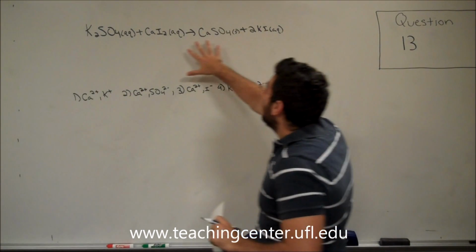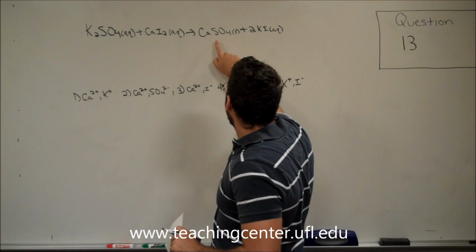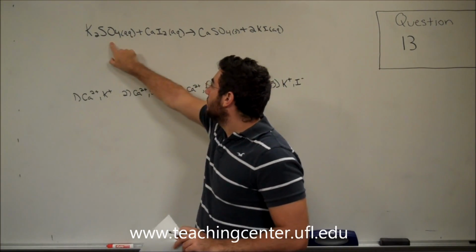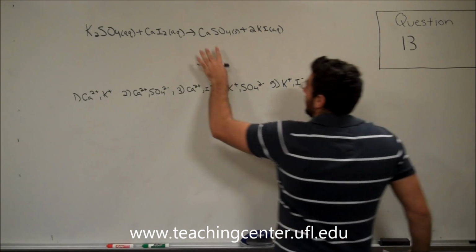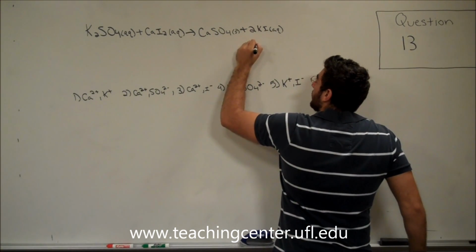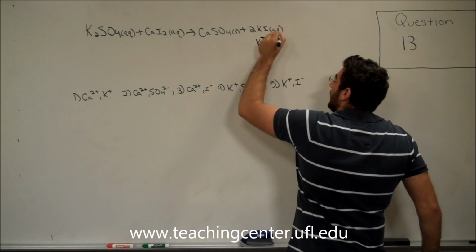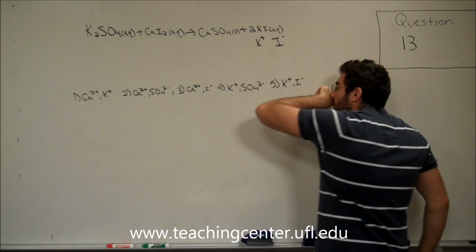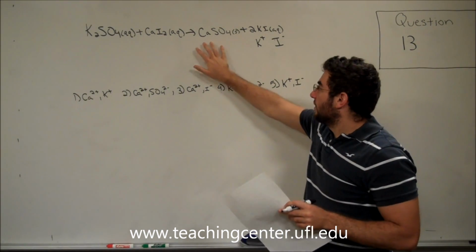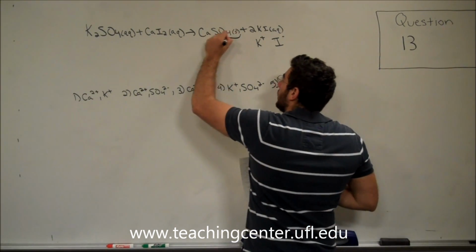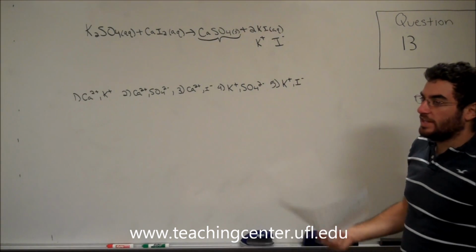Because when the potassium with the iodine goes together to form potassium iodide, and the calcium goes with the sulfate to form calcium sulfate, it leaves us as a solid, and then the potassium iodide, which is K plus and I minus, these ions have nothing to do with what is happening with the overall reaction in order to form our product, which is calcium sulfate solid.